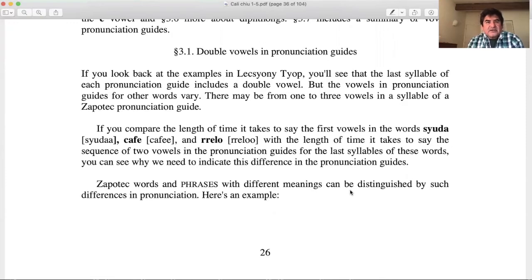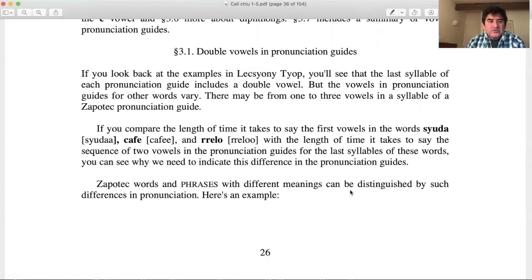Since Zapotec is a tonal language, we'll also discuss later that it is important to hear these differences. In all the words that we presented before, they have these high tones, or high vowels, if you will. So let me say them, and then you can appreciate what I'm talking about.